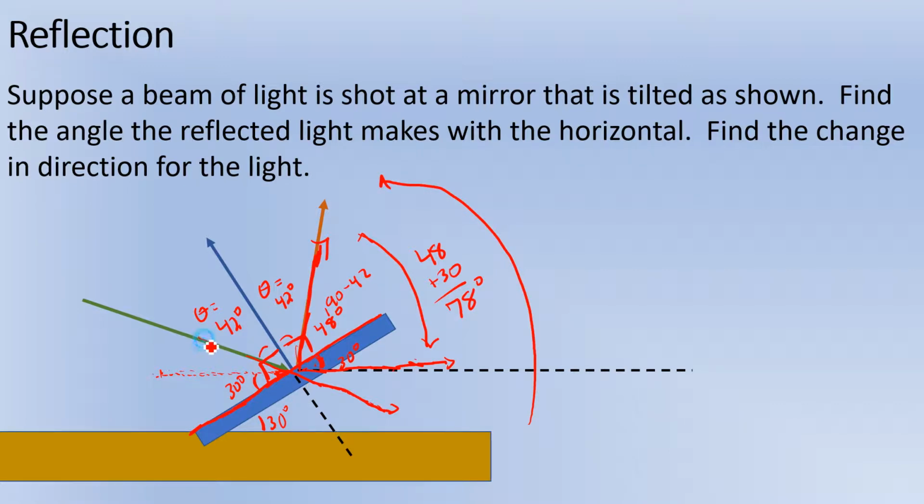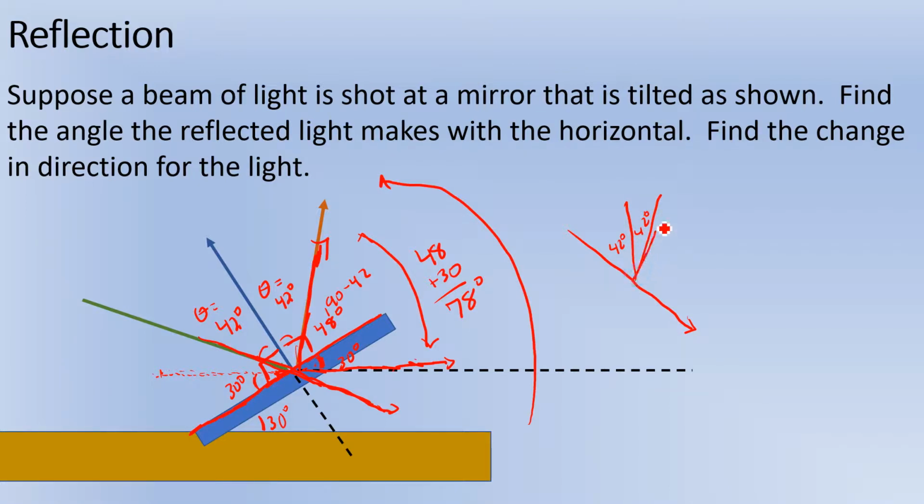So I'm going to think of this again as a flat line. And I'll clean it up over here. So what we have is this line is my light coming in. And I have a normal right here. Doesn't look normal, but that's because I'm copying this diagram a little bit. And then this is 42 again.